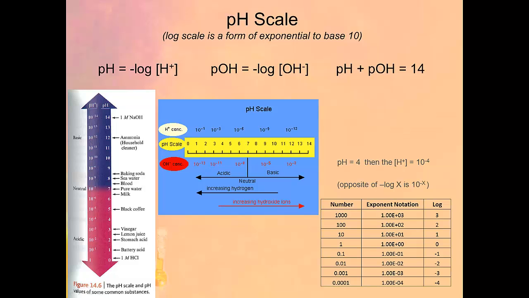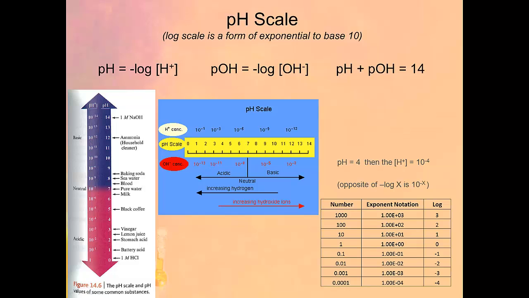As we get a lower pH, we're increasing our hydrogen ion concentration, and as we have a higher pH, we're decreasing our hydrogen ion concentration and increasing our hydroxide ions. The pH scale only works in aqueous solutions.